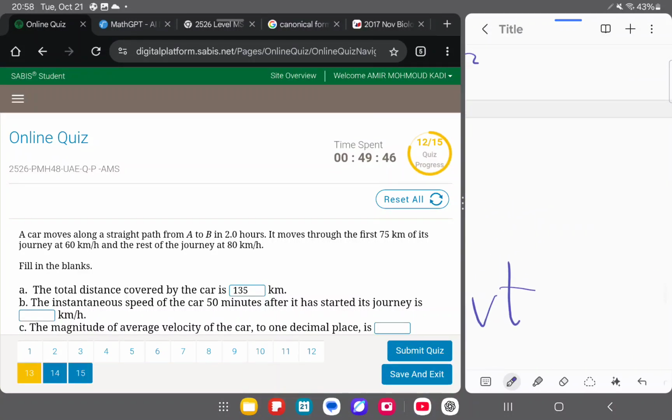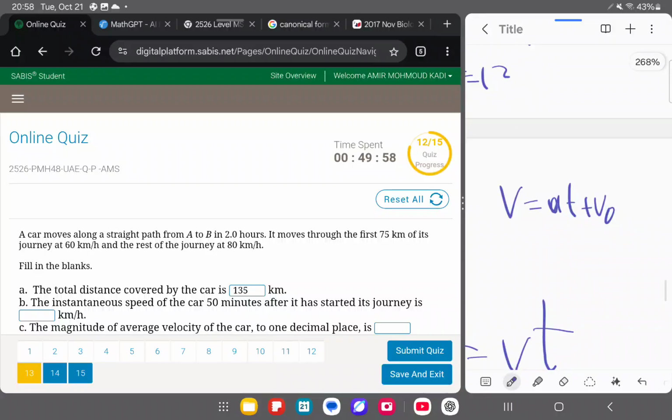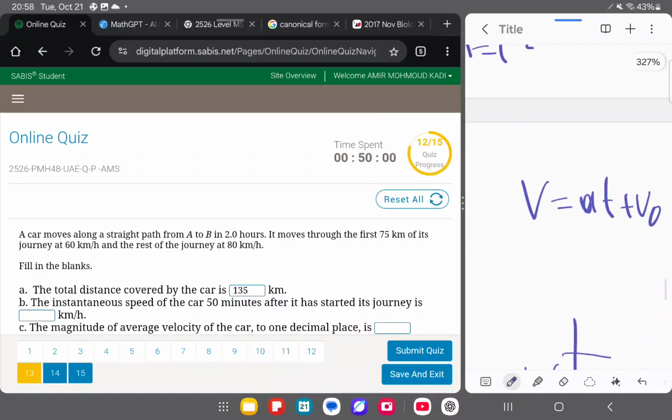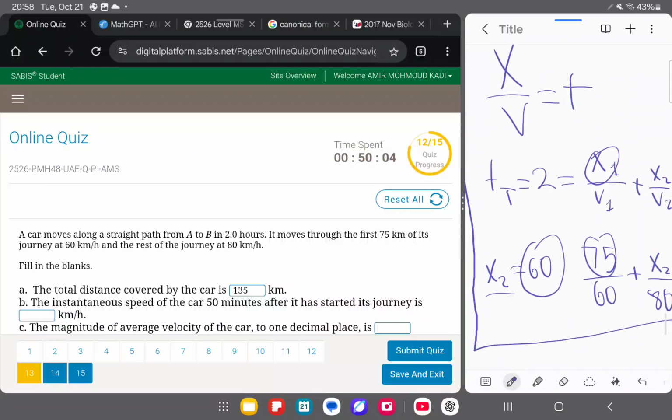okay, well, look here, right? We can do v is equal to at plus v0, and v0 is given over here for us. Now it depends, right? We have to find the specific time in each interval.